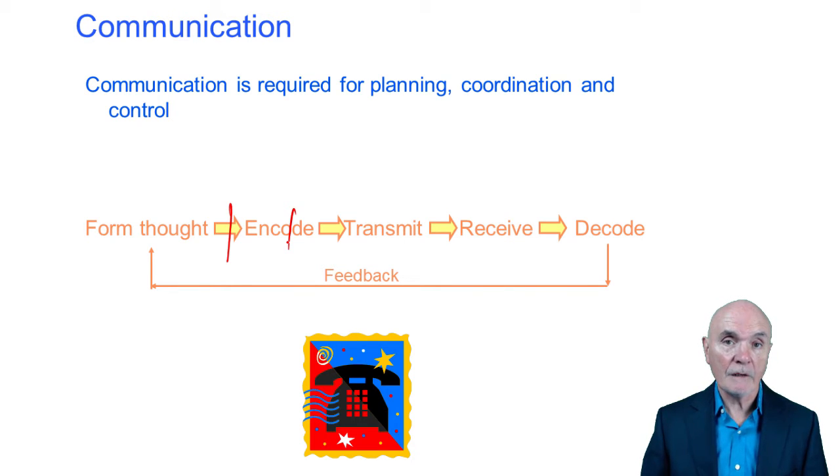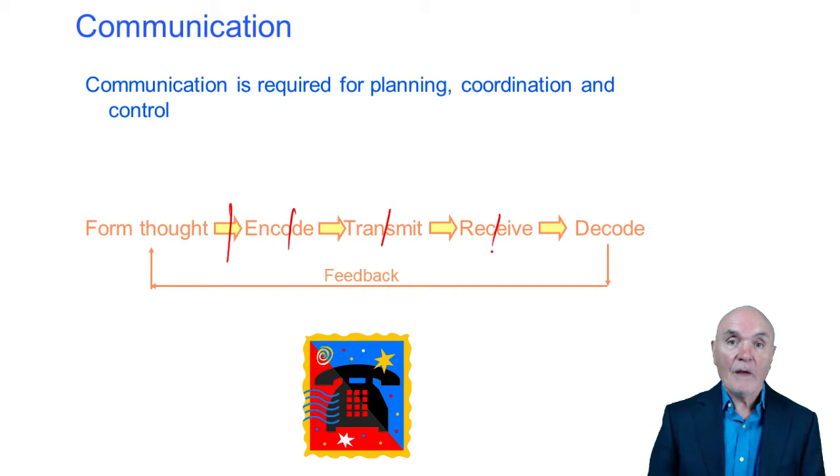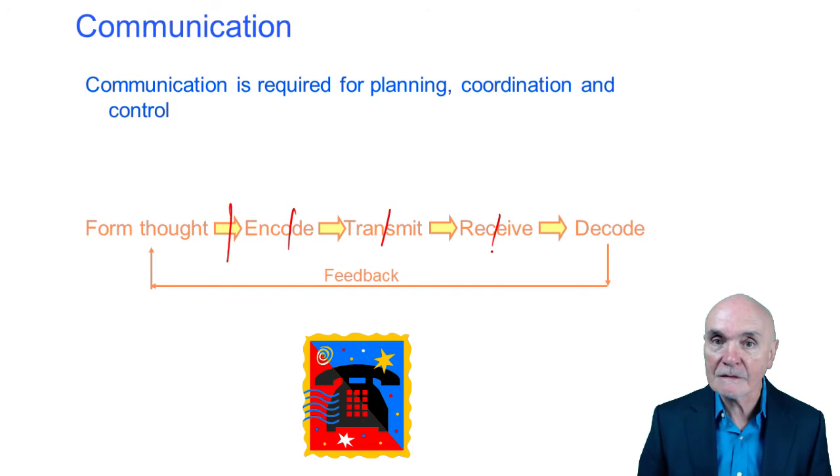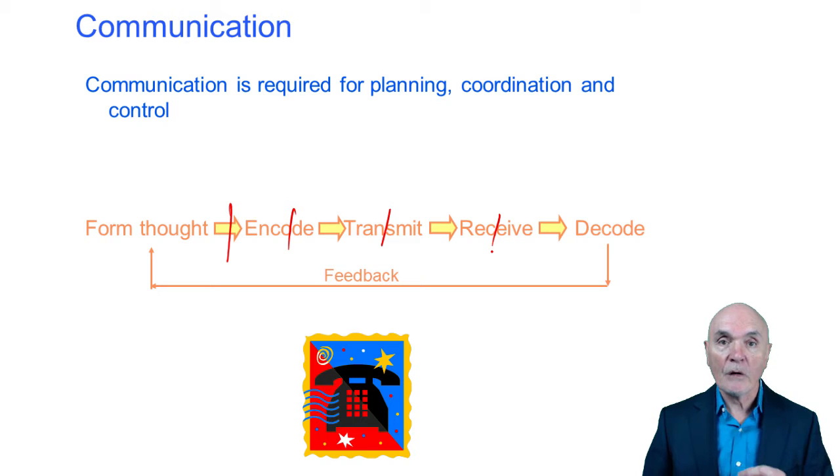Transmission can obviously go awry. The internet doesn't work, the mobile phone reception is bad, the post doesn't get through. The recipient may not open their inbox, if you like. There may be a problem there. The recipient might not want to listen to what you're saying. There may be some sort of problem with not wanting to hear.